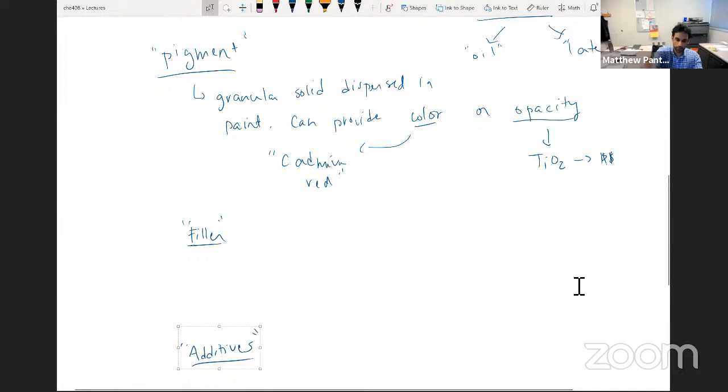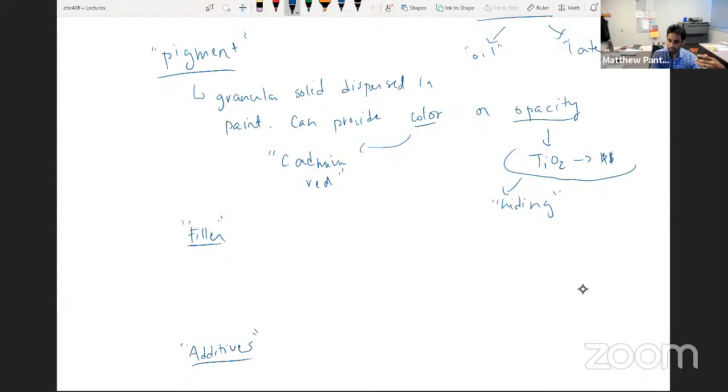Okay, so this ability to have opacity is called hiding in industry, just like the word hide. The idea is when you make a coating, you want to hide whatever is behind it, right? So they quantify this into a property that we call hiding.